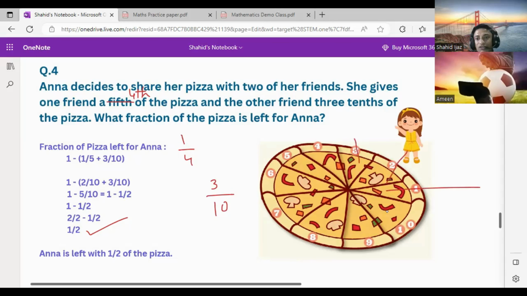I am trying to say that it's out of 4 pieces and it's out of 10 pieces. How can you justify it? Does she have 2 pizzas? Why do we write this in this way? She has one pizza. Why did we write 1 over 5?